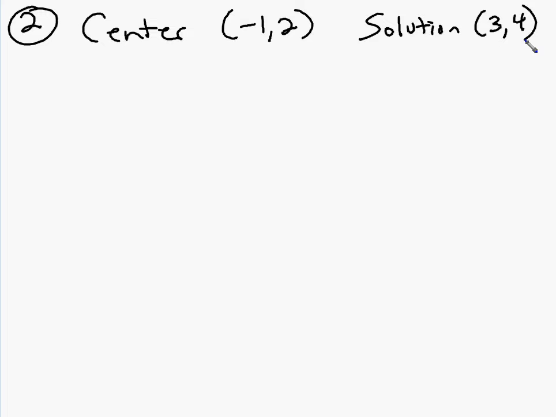What do they mean by a solution point? This is a point on the circle. That's what that is. What was I not given this time? The radius, which means I need to find the radius.